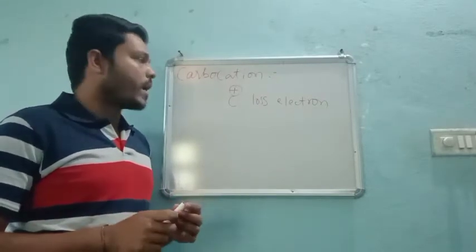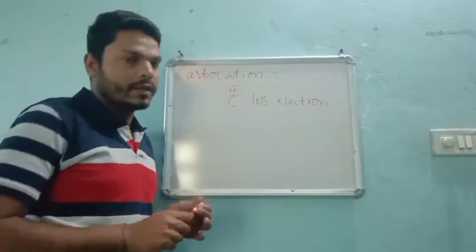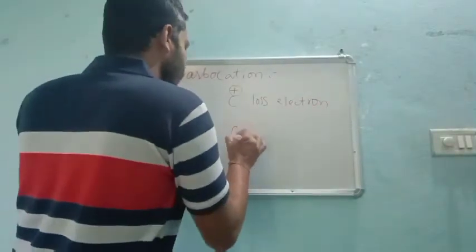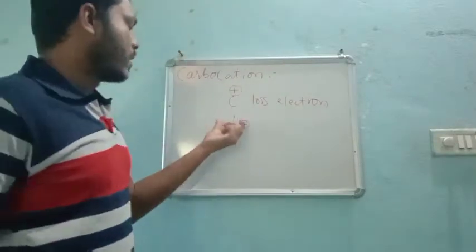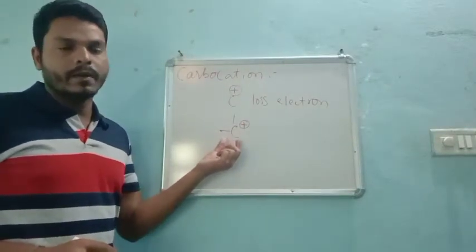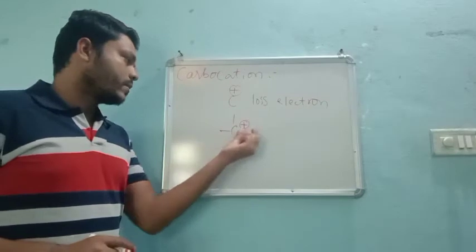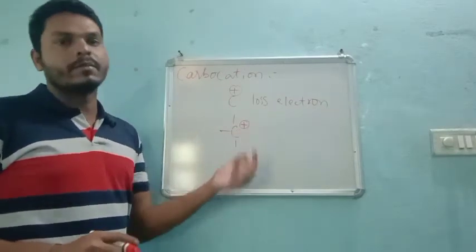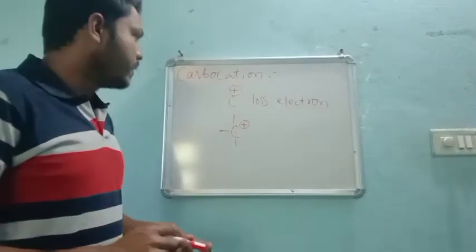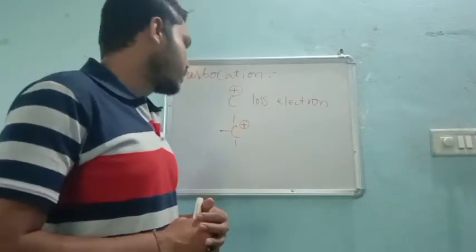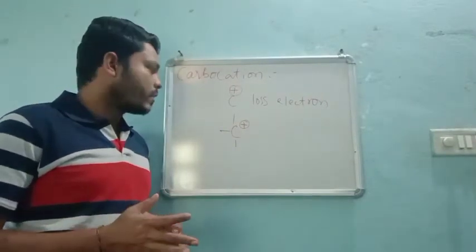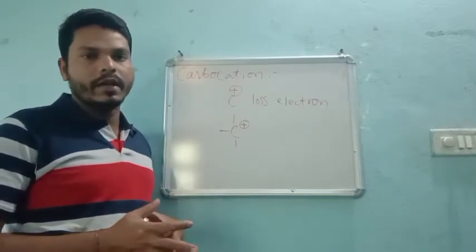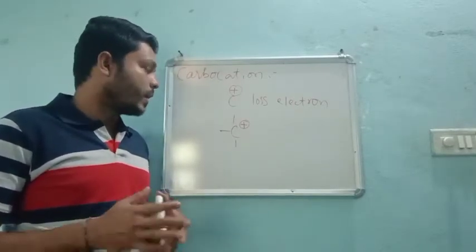But in the case of the carbocation, we can see there are only three hydrogen atoms surrounding this carbon atom. Because of the loss, what we got on the carbon is a positive charge. And again, these carbocations are classified into three types.